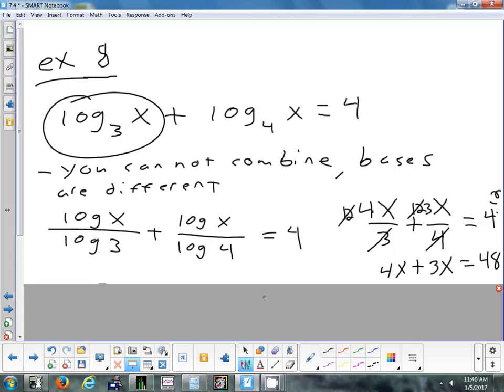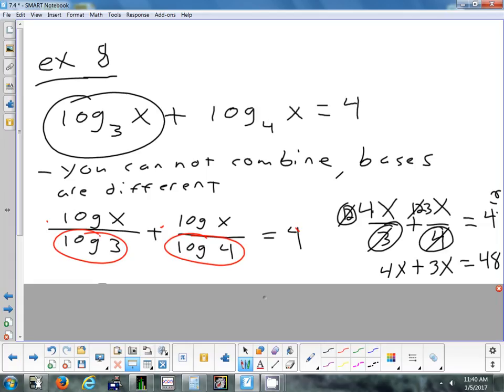So you just multiplied by something to get rid of our denominators. How do you get 12 from a 3 and a 4? You multiply them. So the trick in this one would be take this number, and multiply by them in all 3 spots.